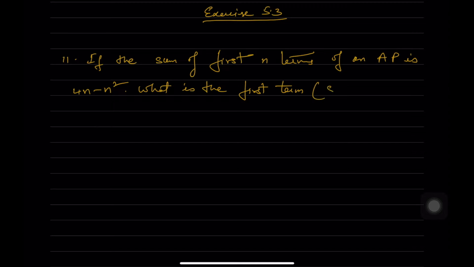That is S1. What is the sum of first two terms? What is the second term?